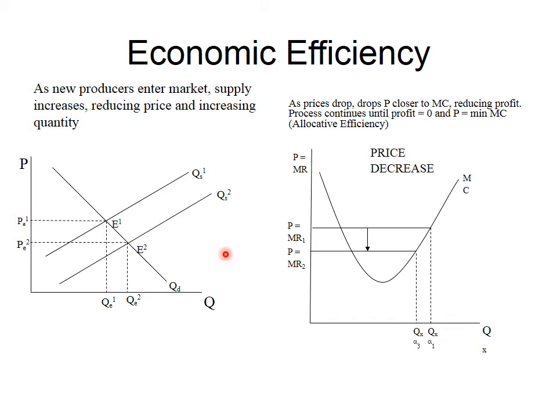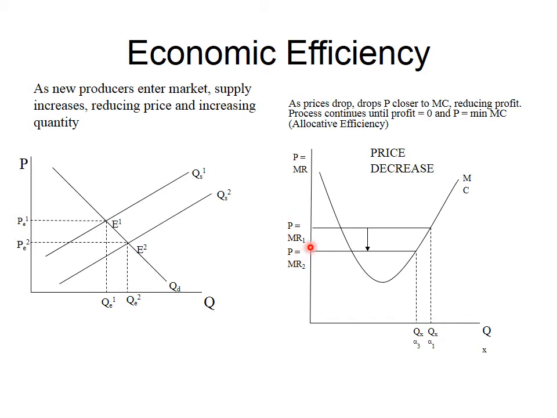The basic idea is this. Let's suppose we start with a perfectly competitive market that has profit. In fact, we'll look over here. Let's say this is where we start our perfectly competitive market. Here's the price. Price equals marginal revenue, for reasons that we've talked about already in this lecture. We've talked about the idea that the individual firm faces the industry demand curve.